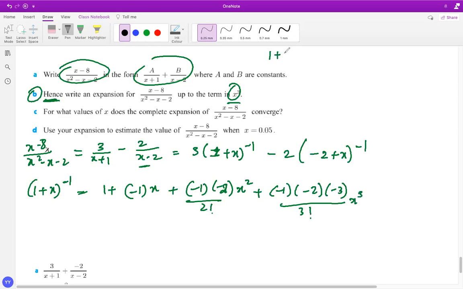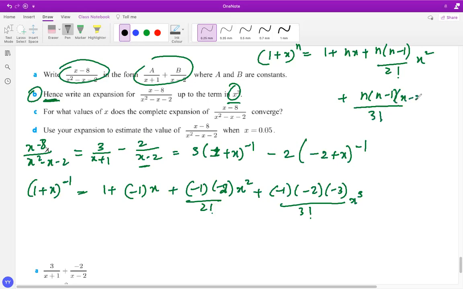Just remember the expansion of (1 + x)^n is 1 + nx + n(n - 1)/2! x² + n(n - 1)(n - 2)/3! x³, and so on. I'm just straight away applying that formula. If you simplify it, it is 1 - x + x² - x³, because the other things get cancelled. So this is the expansion of the first bracket here.